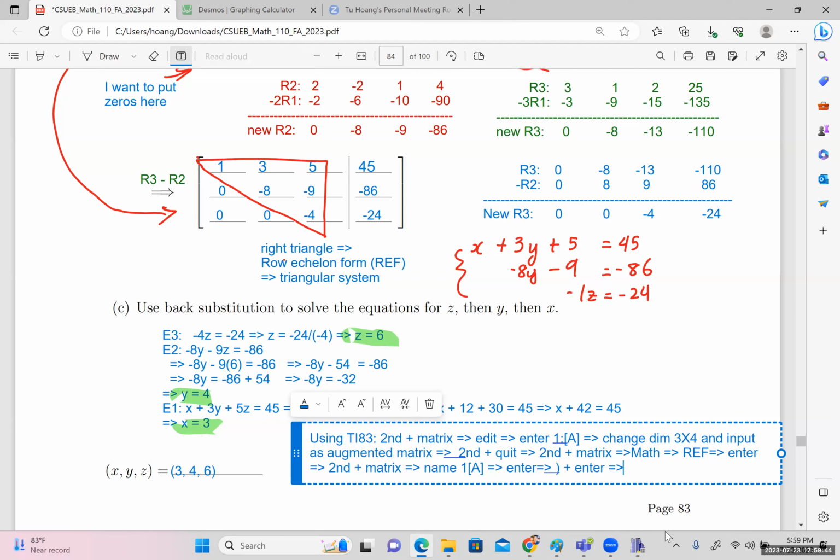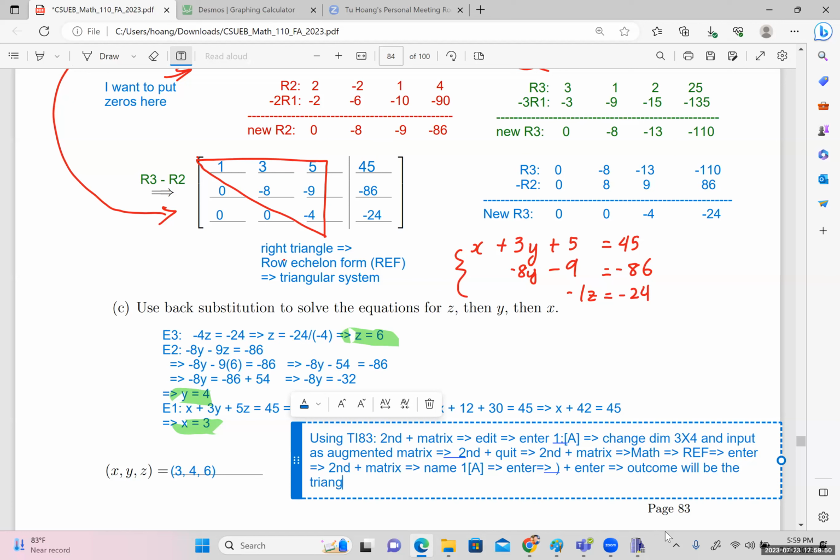Now your outcome will be the triangular row echelon form as above.